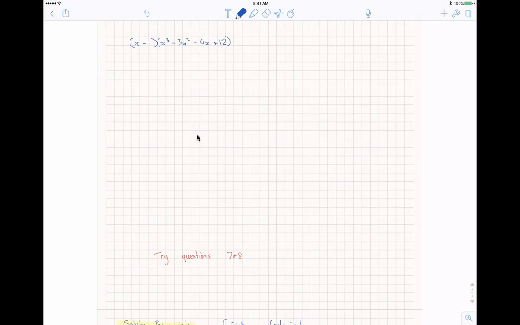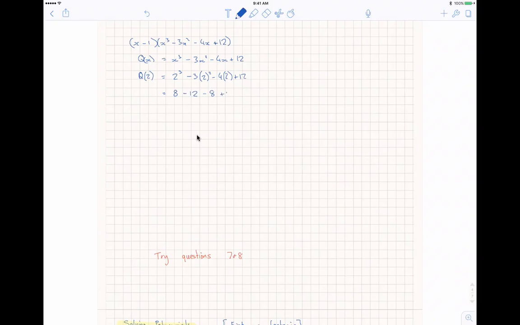So we'll say at this time q of x is equal to our cubic. We're going to trial x equals 2. So we'll put 2 into our cubic. Two cubed is 8. Minus 3 times 4 is minus 12.